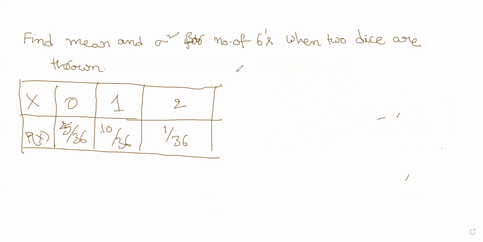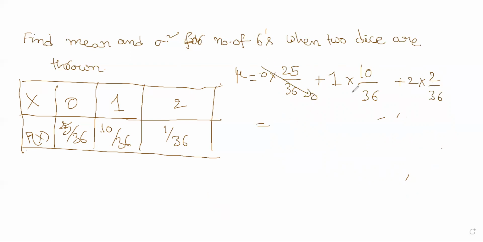Mean mu is 0 into 25 by 36 plus 1 into 10 by 36 plus 2 into 1 by 36. Now this part is anyway 0. So 10 by 36 plus 2 by 36, it is simply 14 by 36.